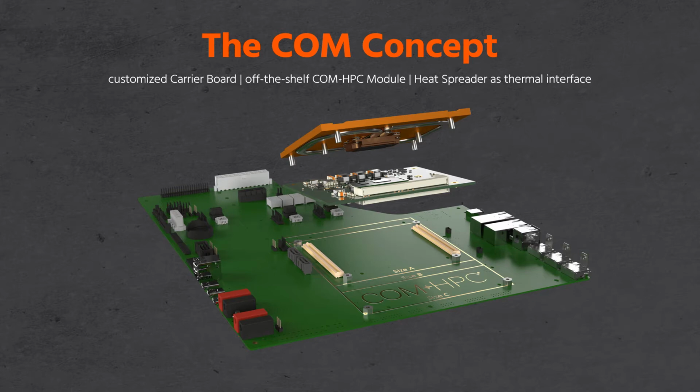All special I/O is implemented on a customized, or let's say application specific, carrier board, while the module itself is always the same. On top, COM-HPC defines a heat spreader definition, which acts as a thermal interface to the system cooling.